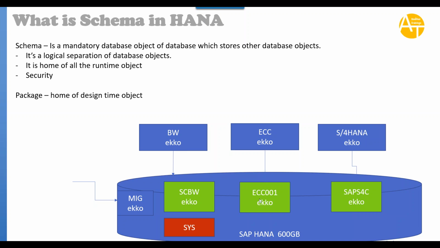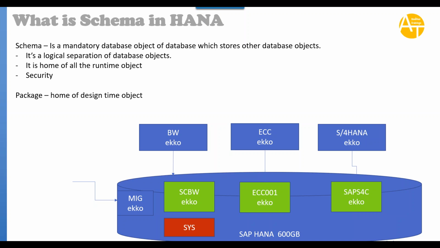Now, since you created three schemas, all three schemas can have an EKKO table, and they store data related to BW, ECC, and S4 separately. So inside the schema, you store your runtime objects like tables. Each schema has its own table, though the table name is the same, with different data sets for different ABAP systems.